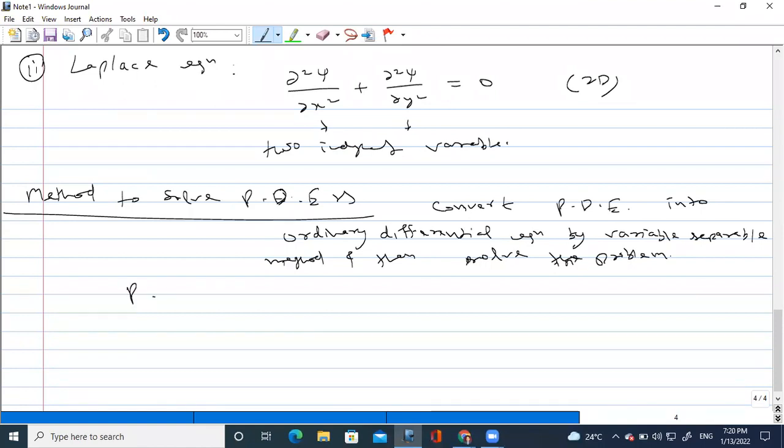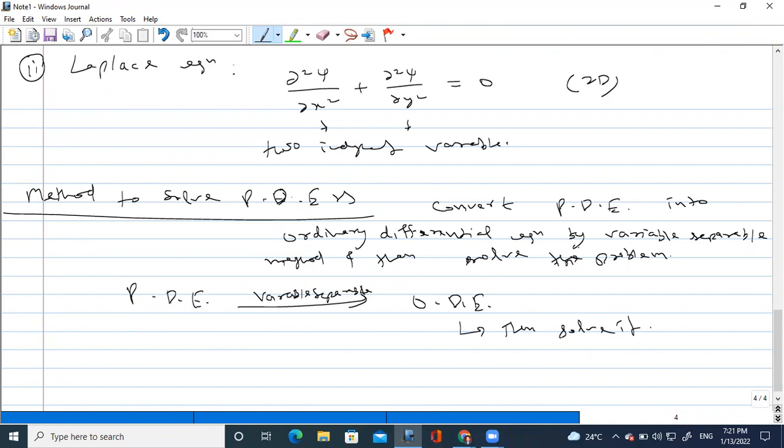So simply, by using variable separable, you will convert PDE into ordinary differential equation and then solve it. So this is a simple procedure. But you have to learn how to do that. That is important.